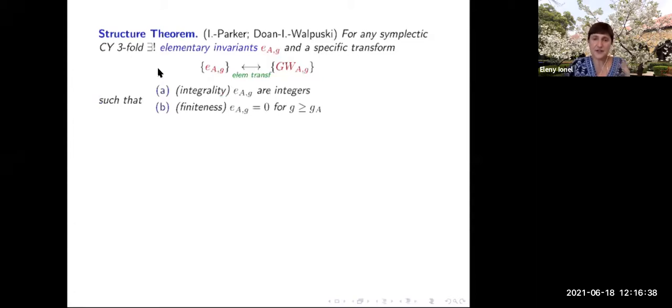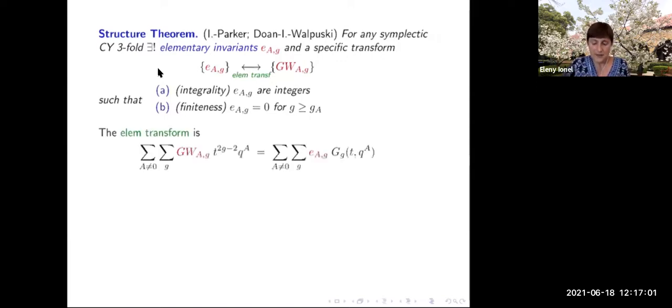After you do this transformation, these new invariants satisfy both integrality and finiteness properties. They encode the same amount of information as Gromov-Witten invariants, but in a more efficient manner. They are integers and there are finitely many non-zero in each homology class. And the transformation is different. It's a different transformation that transforms the Gromov-Witten invariants into these elementary invariants.